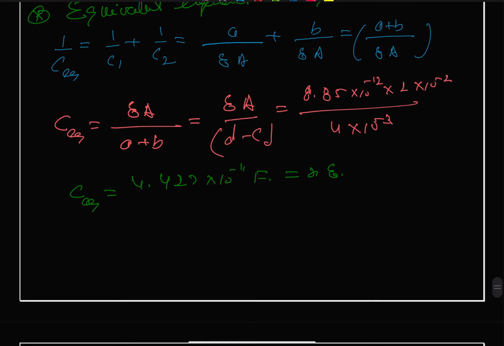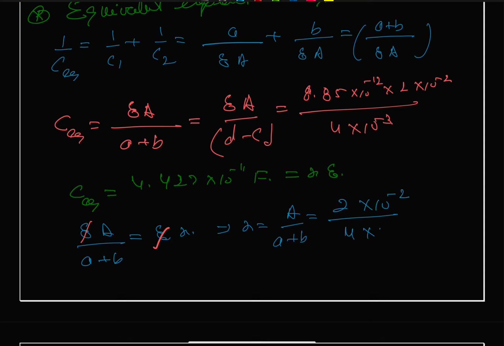So x will be equal to: C equivalent is epsilon naught A upon A plus B, which is equal to epsilon naught times x. Epsilon naught cancels out, and we get x equal to A upon A plus B. A is 2 into 10 to the power minus 2, and A plus B is 4 into 10 to the power minus 3.